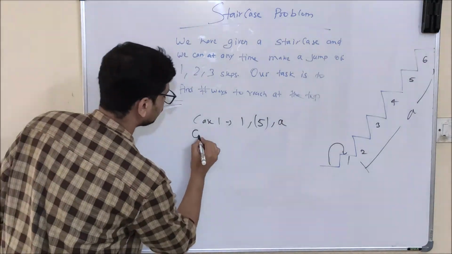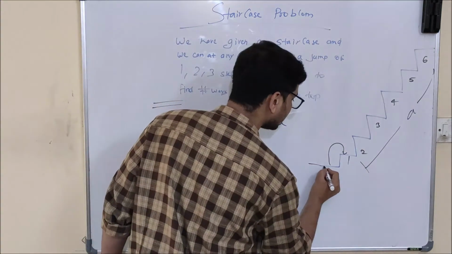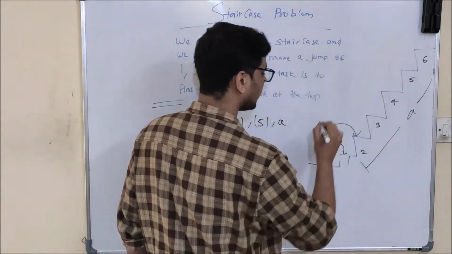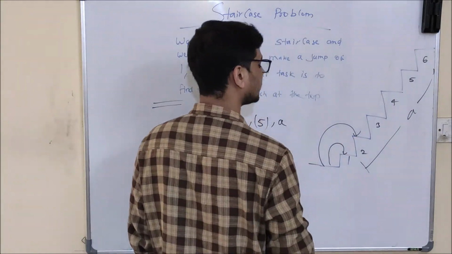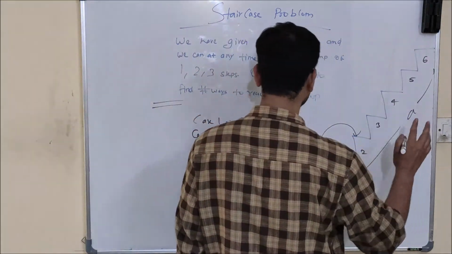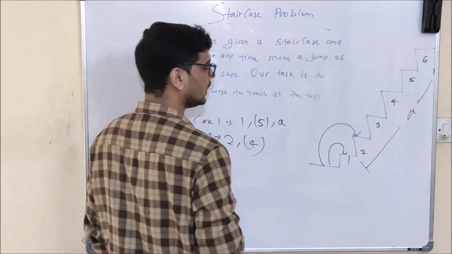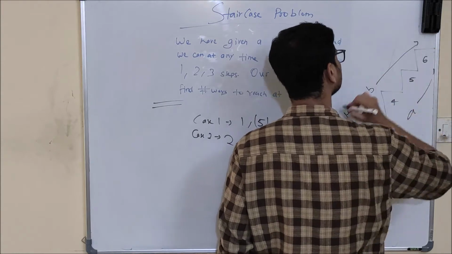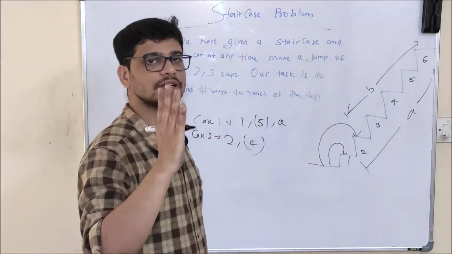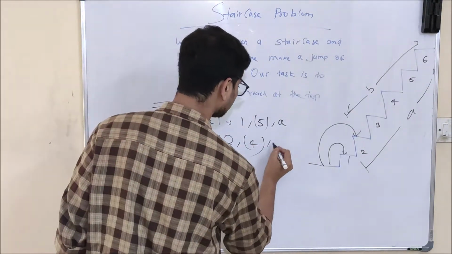Now come to case 2. In case 2, I can take a 2-step jump, and when I take a 2-step jump, I will reach the top of the second step, and the remaining steps will be 4. So let's assume B is the number of ways in which we can jump the remaining 4 steps. Okay, 4 stairs.